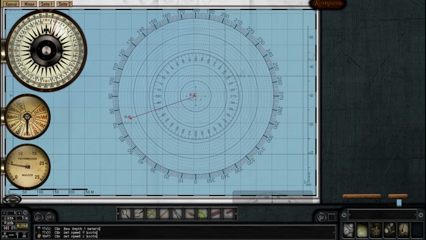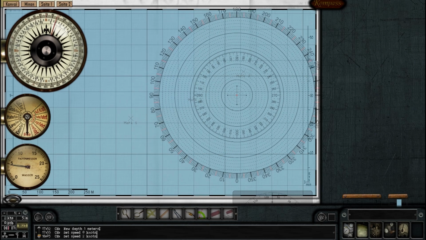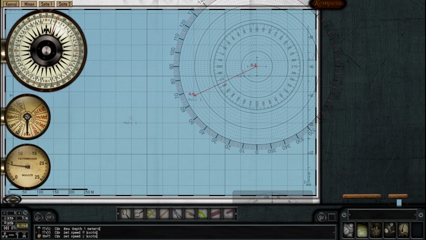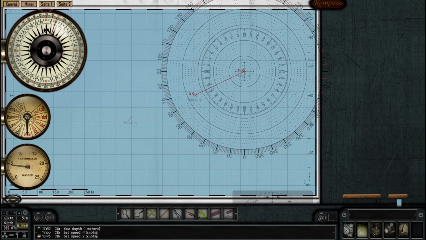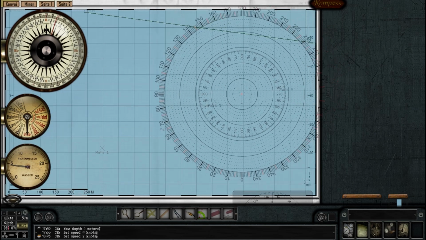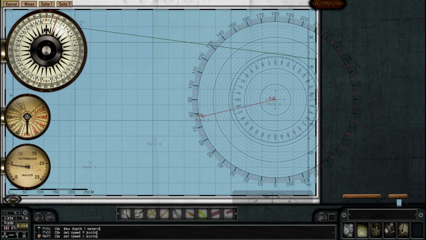Surprise, surprise! It says 0.2, which means that the target is moving 2 knots. If we take Mark 2 and Mark 3, it still says 2 knots. If we compare Mark 2 with Mark 3, it still says 0.2. So again, 2 knots. And if we take Mark 3 with Mark 4, it still says 0.2.